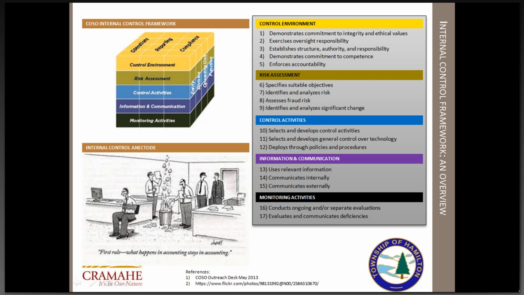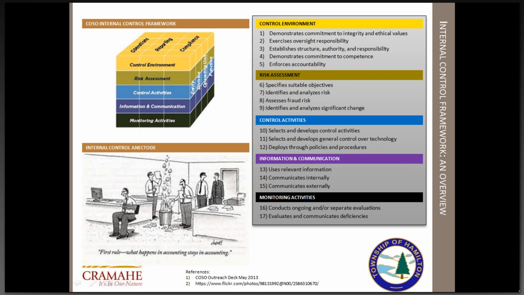The COSO framework has 5 major components, each of which with their own subcomponents that total 17 steps which need to be applied in developing sound internal controls. The 5 major components include the control environment, risk assessment, control activities, information and communication, and finally monitoring.